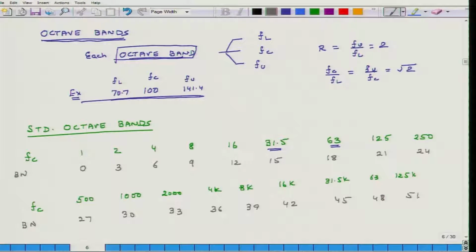So, these are band numbers. Bn is band number.